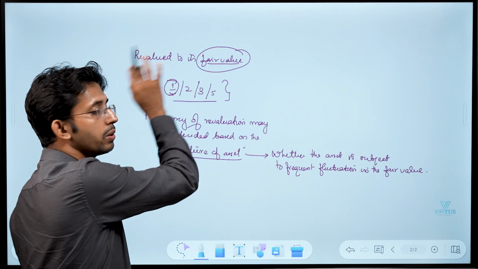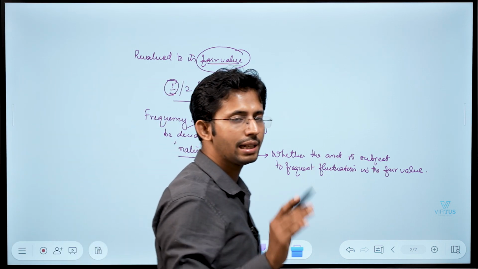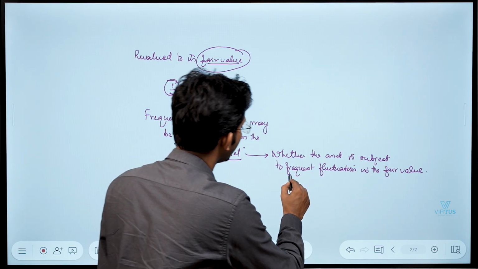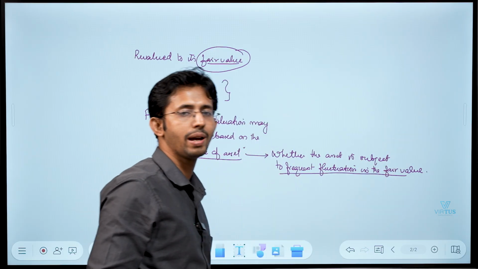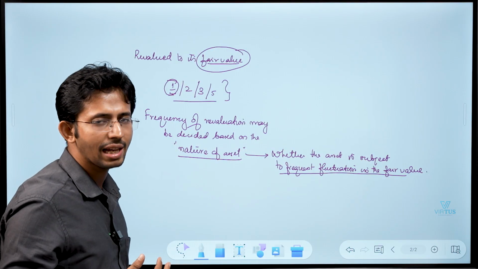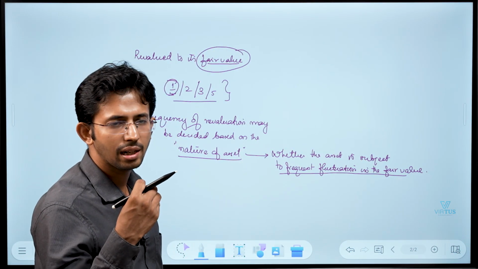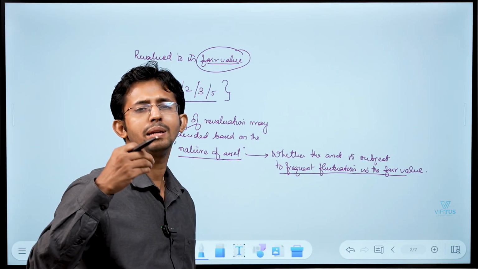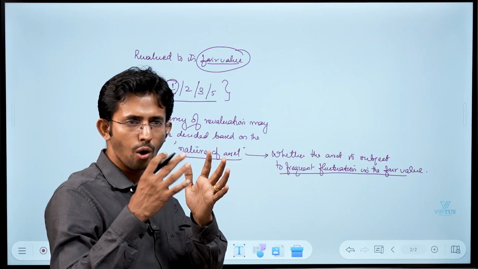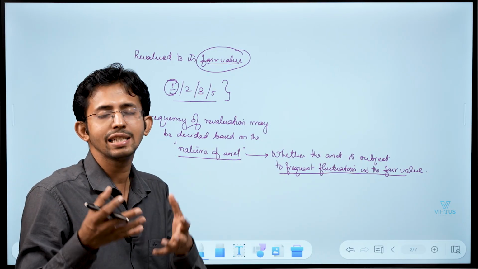you are using which model? Revaluation model. That is not permitted. If you opt for a model, then the revaluation frequency has to be according to the frequency of fluctuation in the fair value. On the other hand, if the nature of the asset is such that its fair value will be subject to variations only very rarely, or will change only over a period of 3 years or 5 years, that means only less significant changes in the fair value.